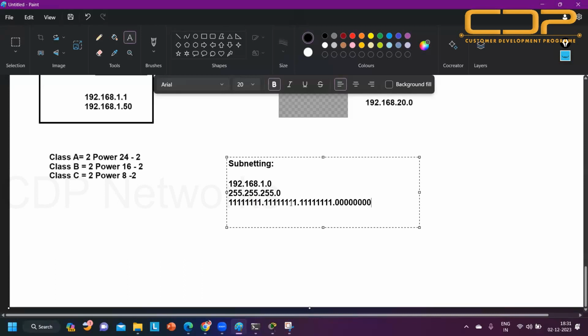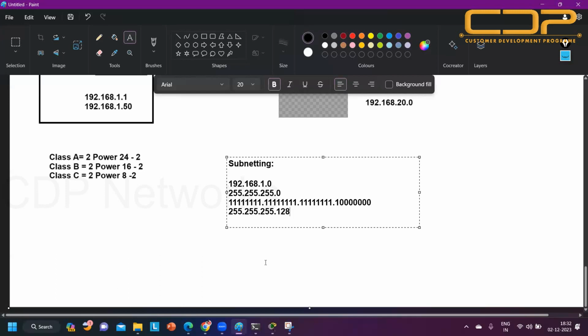Now if I replace this 0 with 1, can anyone tell me what the subnet mask will be? 255.255.255.128. Very good. This is now the subnet mask.